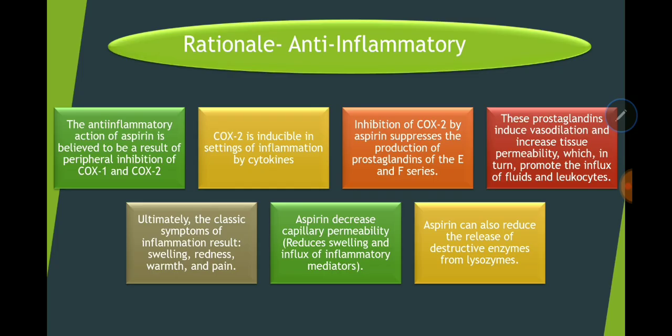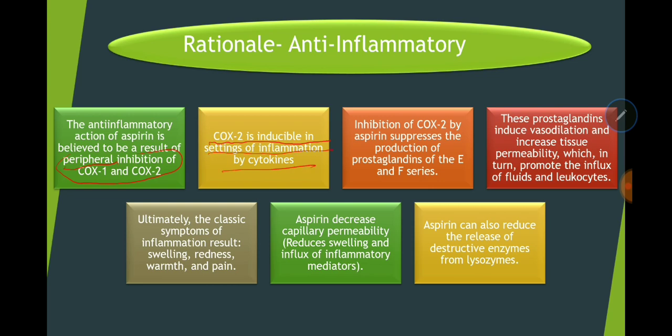Now, what about the anti-inflammatory effects of aspirin? The anti-inflammatory action of aspirin, as we mentioned, is believed to be a result of peripheral inhibition of COX-1 and COX-2. COX-2, cyclooxygenase 2, is inducible in the setting of inflammation by cytokines.